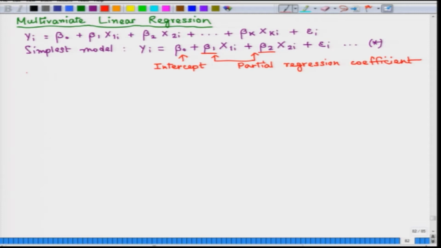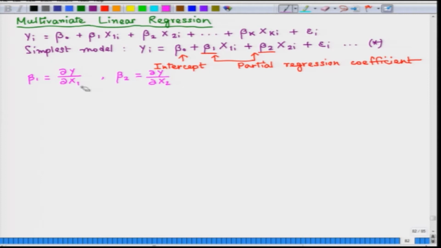So, we can actually write that beta 1 is del y i del x 1 i and beta 2 is del y i del x 2 i, or in fact we can remove this i, to make it simpler expression.